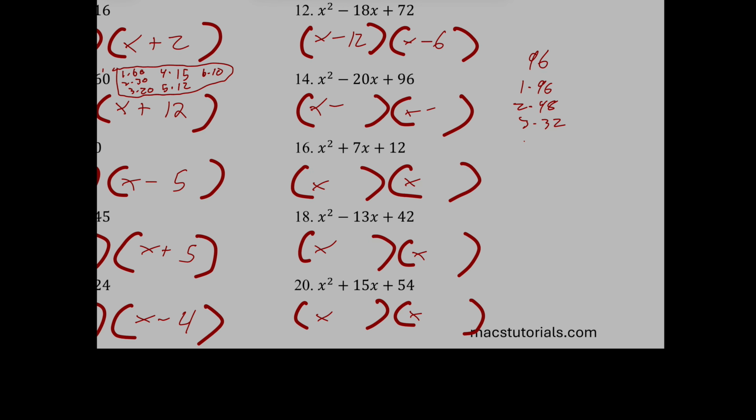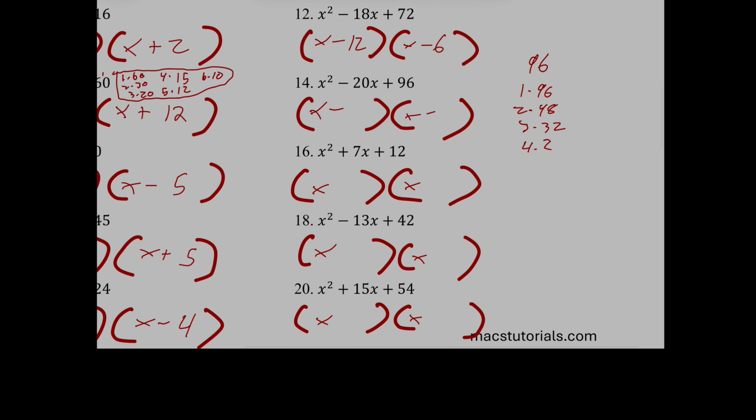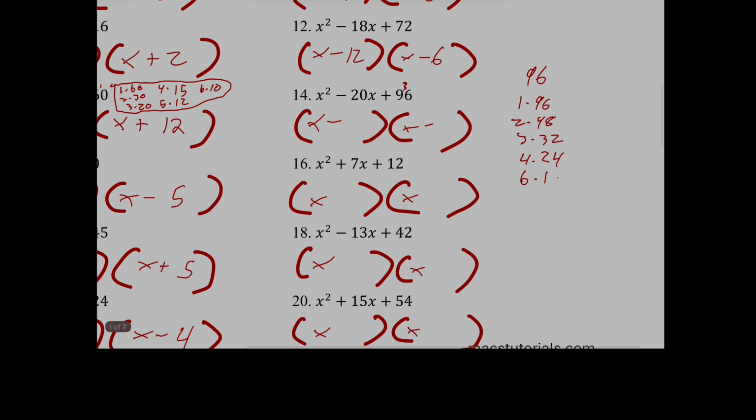So will 4 go in? Well, let's see. 4 goes in the 9 twice with 1 left over. And so that would give me a 24. That's still too high. 5 won't go in. Will 6 go in? Let's see. 6 will go in the 9 one time with 3 left over. And 6 will go in the 36 6 times. And so that gets me to 22. Still too high. Okay, 7.